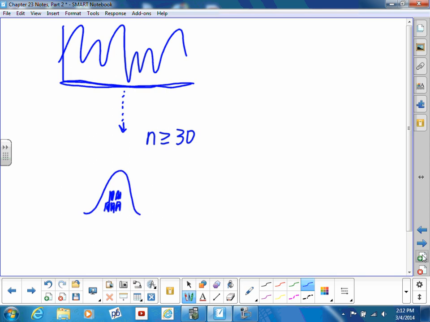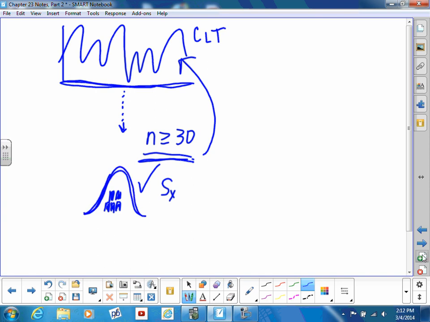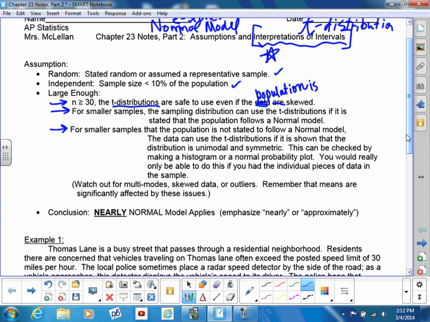So if the sample size is large enough, we're going to have a normal model, and in this case it's approximately normal because of the sample standard deviation we are using, regardless of the parent population. Again, that's what the central limit theorem is saying. That should be nothing new. That's a refresher, and we've talked about it before.